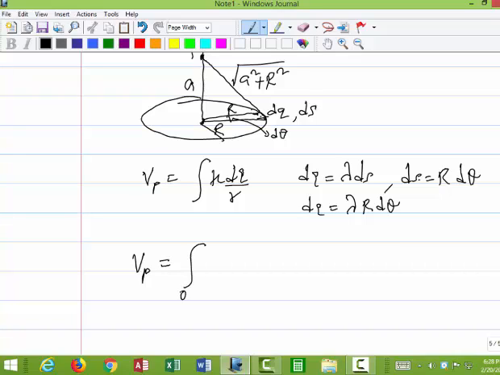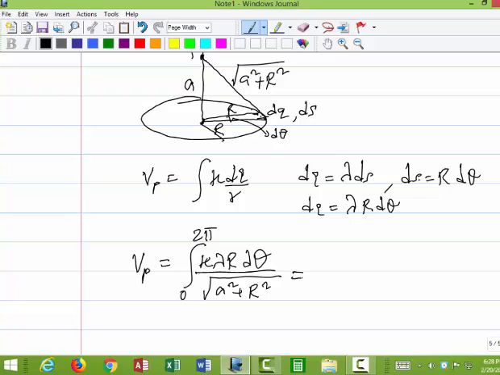Putting all that in, the potential at P, this time I'm going to integrate from 0 to 2 pi, because I want to go over the entire circle, of K lambda R d theta divided by the square root of A squared plus R squared.